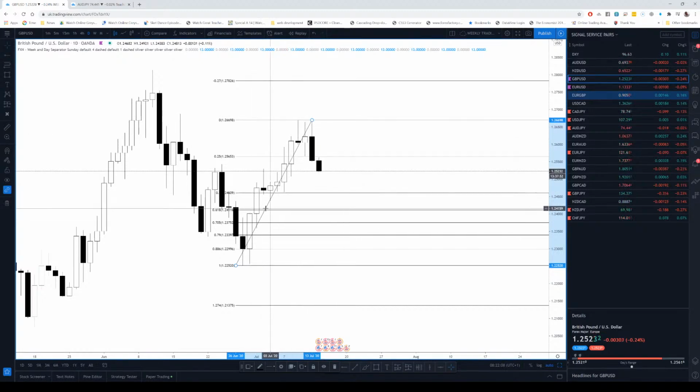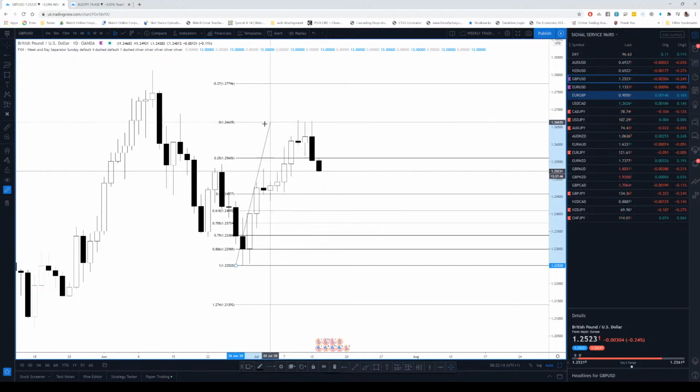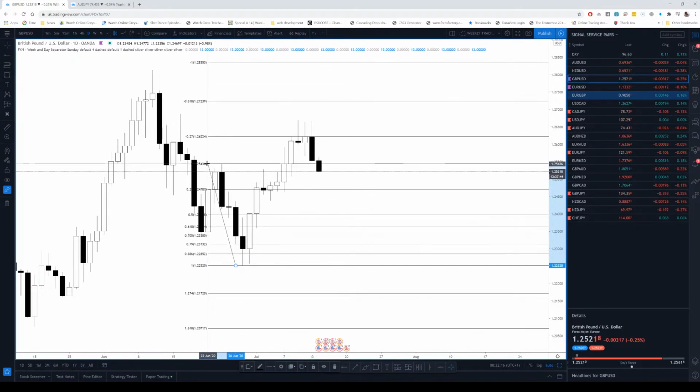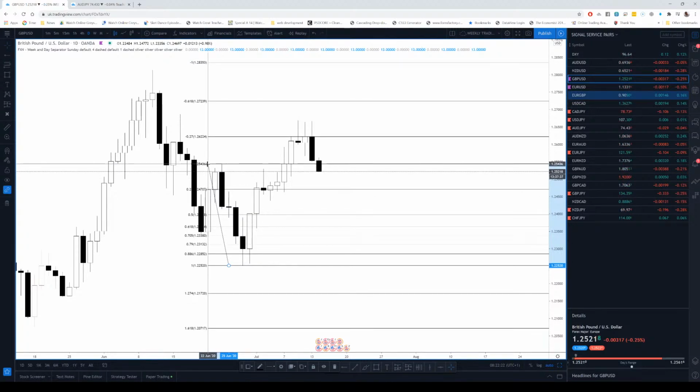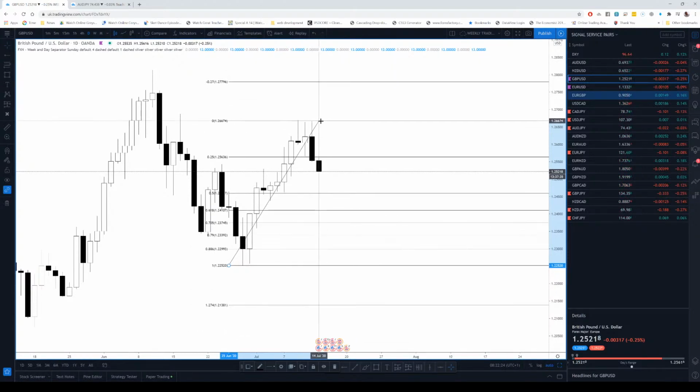So I'll be looking for a run below this low. Right, so let me measure this high to that low. Okay, so I'll be looking at this area. Yeah, that area.